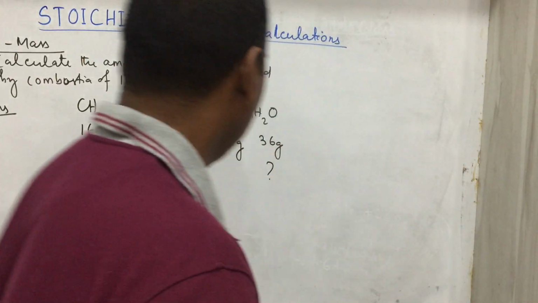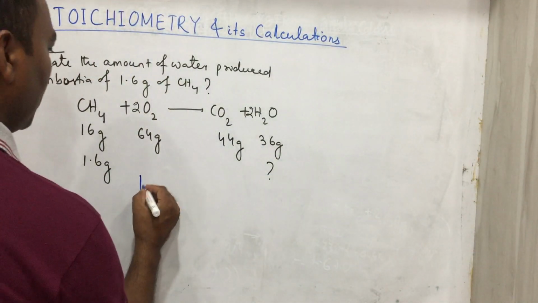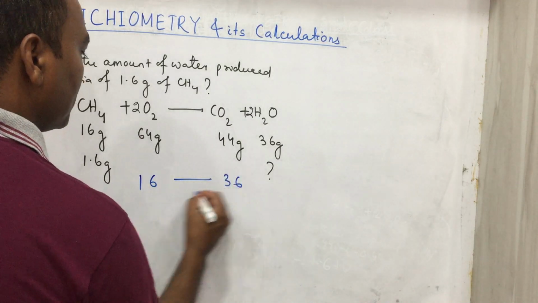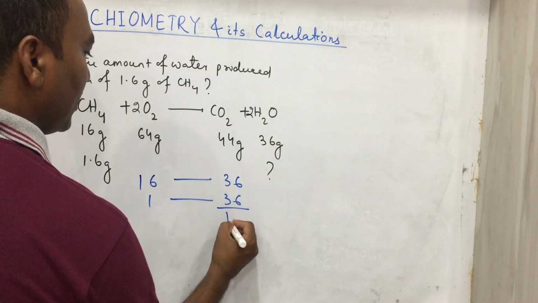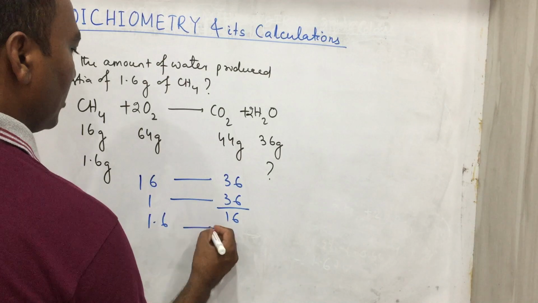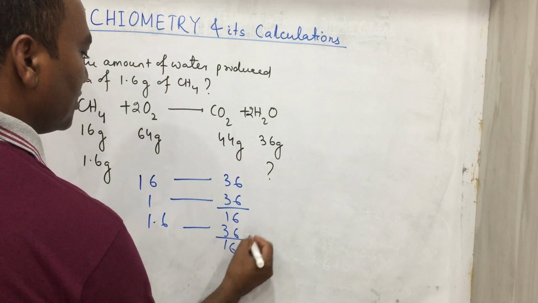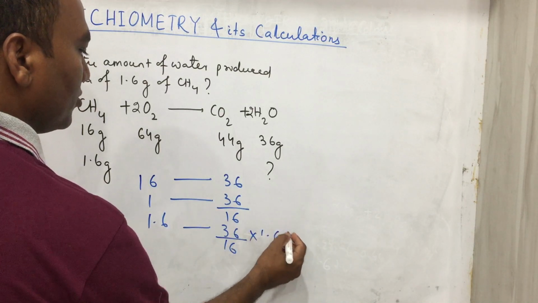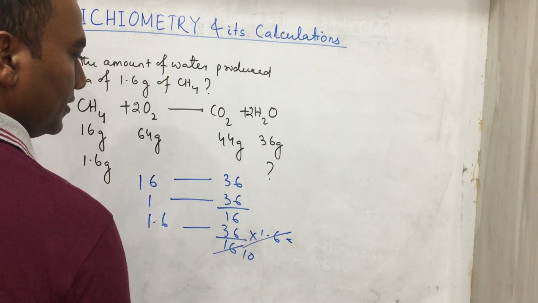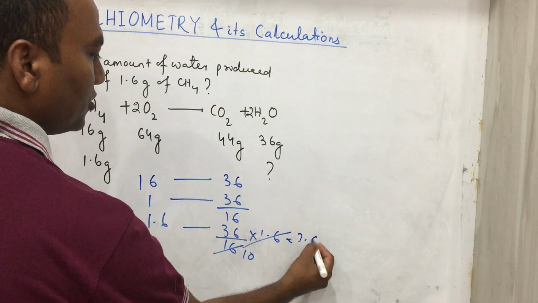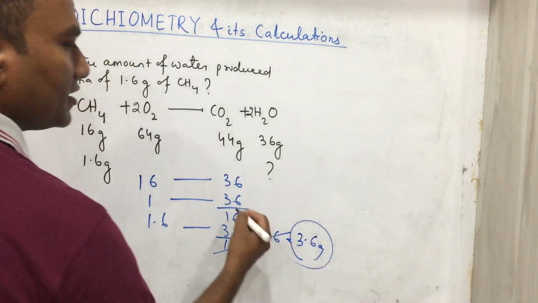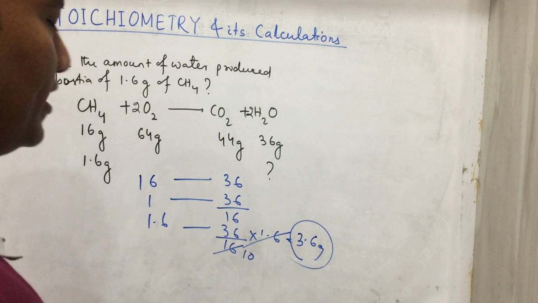When methane is 16, water is 36. When it is 1, 36 by 16. When it is 1.6, 36 by 16 into 1.6. So we solve, and it will be 3.6 gram. Got the idea?